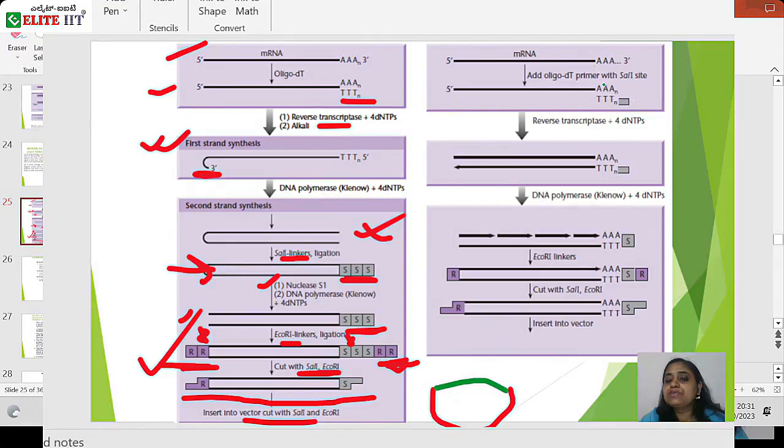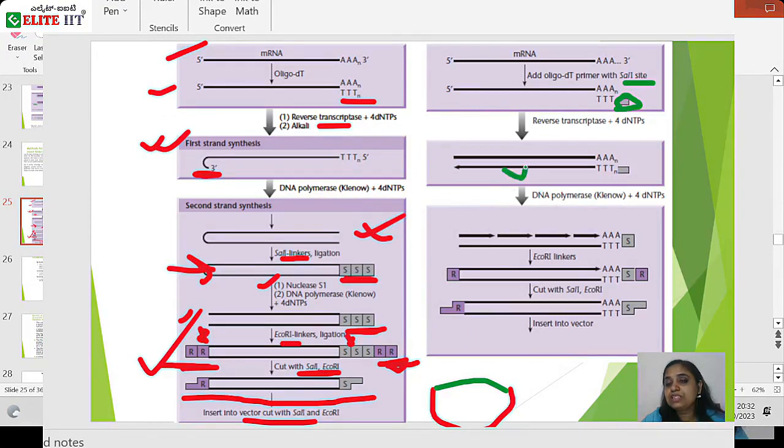Let's see. First of all, add an oligo-dT primer with a SalI site. So you have to add oligo-dT, and along with that, you have to add one SalI restriction site. What will happen? Reverse transcriptase will make the cDNA.